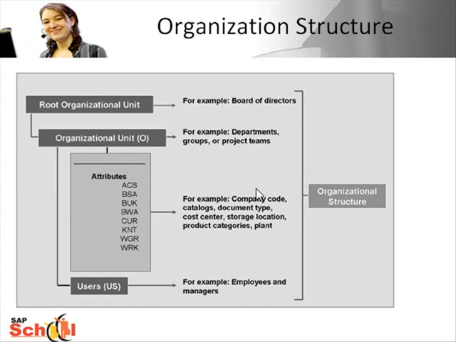So this slide represents the organization structure for SRM. We won't go into the details here, but we will now log on to the SRM system and take a close look at the organization structure and how it is set up and what each component of that does.